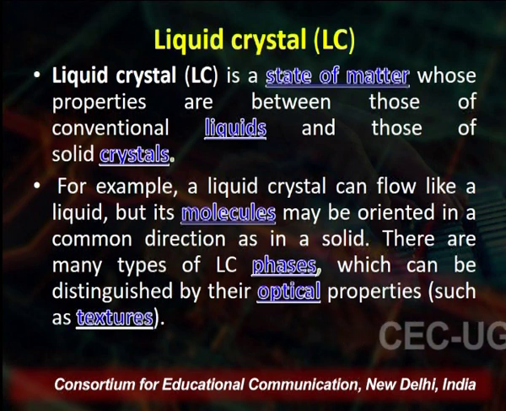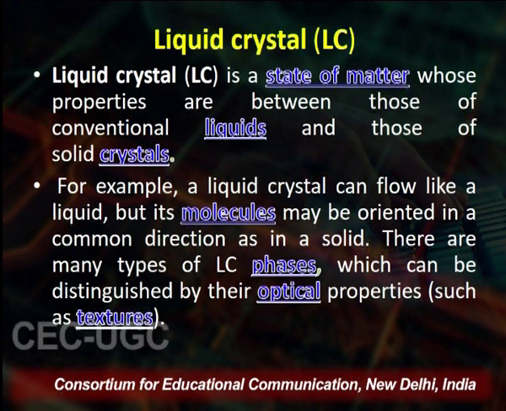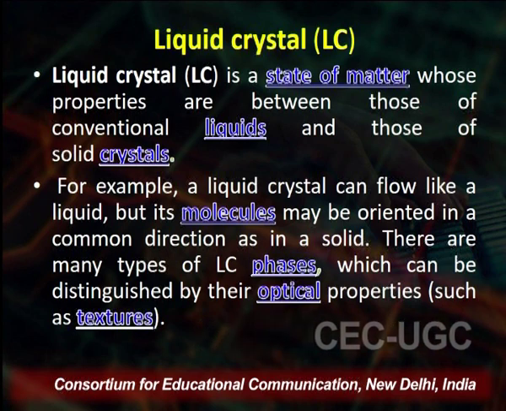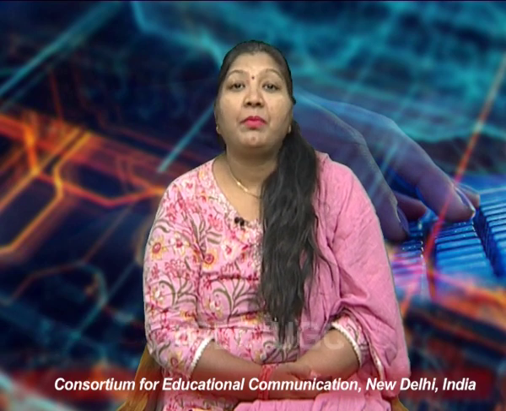There are many types of LC phase, liquid crystal phase, which can be distinguished by their optical properties or by their textures. The contrasting textures arise because the molecules within one area of the material, called a domain, are oriented in the same direction as in a solid, but different areas have different orientations.